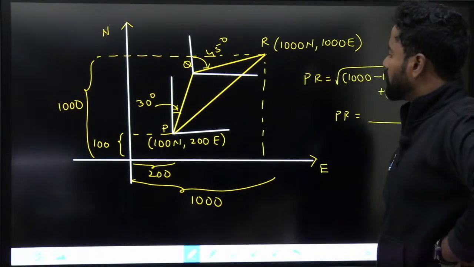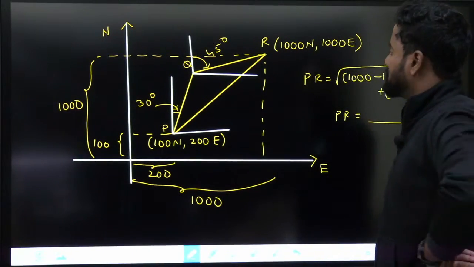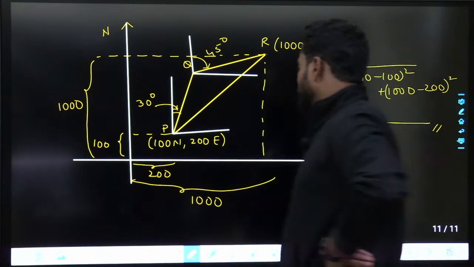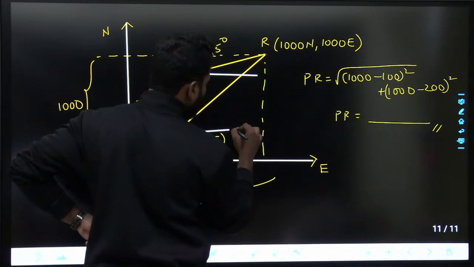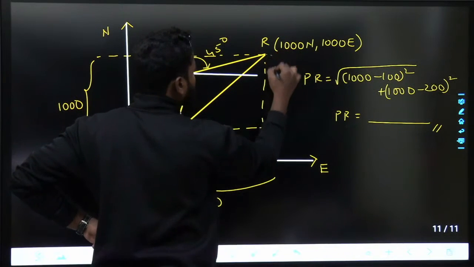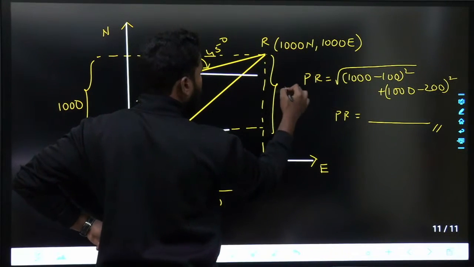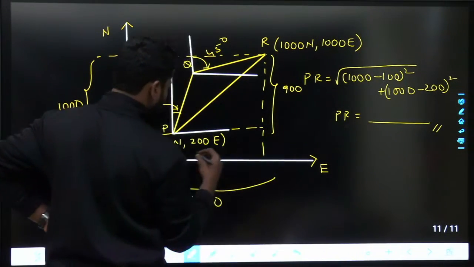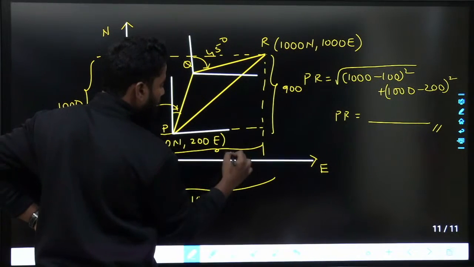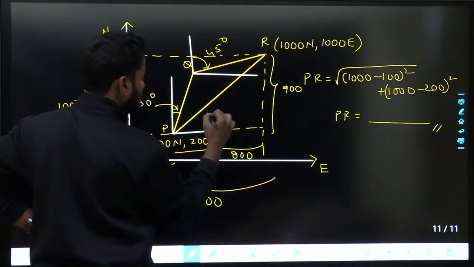And if we find out the angles, we'll just try to find out the angles. This would be how much? 900. This one will be 800, right?